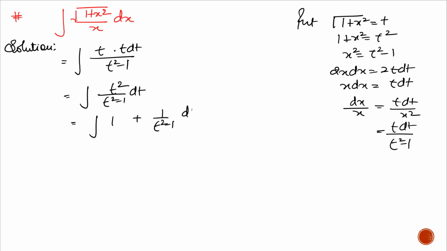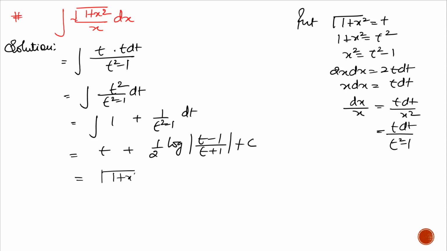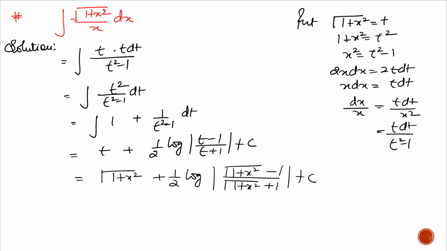When we divide this fraction we get 1 plus 1 upon t square minus 1 dt, and when we integrate this we get t plus half log mod t minus 1 upon t plus 1 plus c. Replace t by root of 1 plus x square, and the final answer is root of 1 plus x square plus 1 by 2 log mod root of 1 plus x square minus 1 divided by root of 1 plus x square plus 1 plus c.